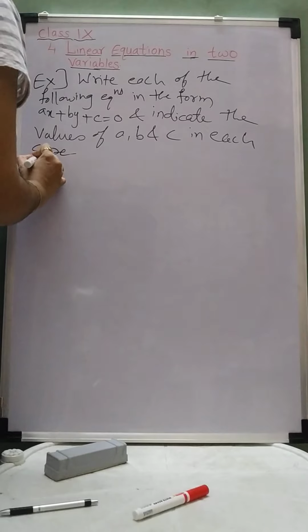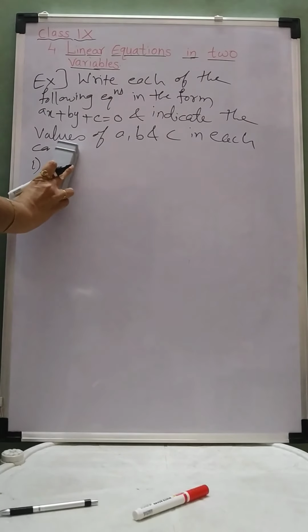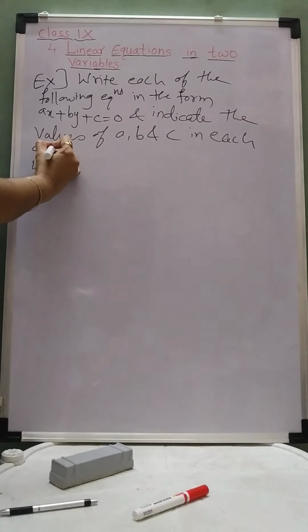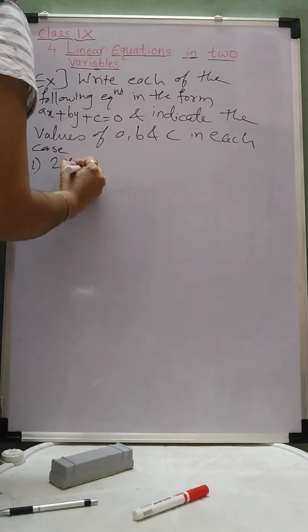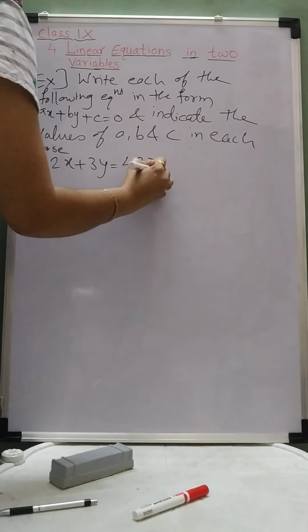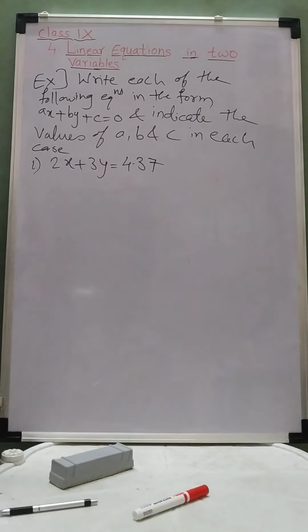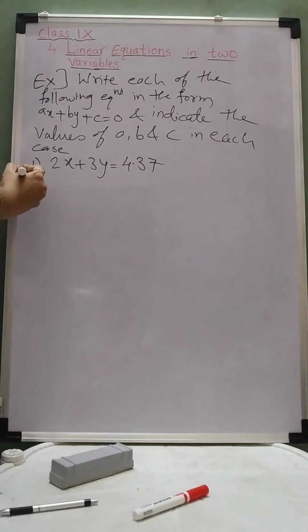So here the first equation is 2x plus 3y is equal to 4.37. Now here it is not in the standard form.